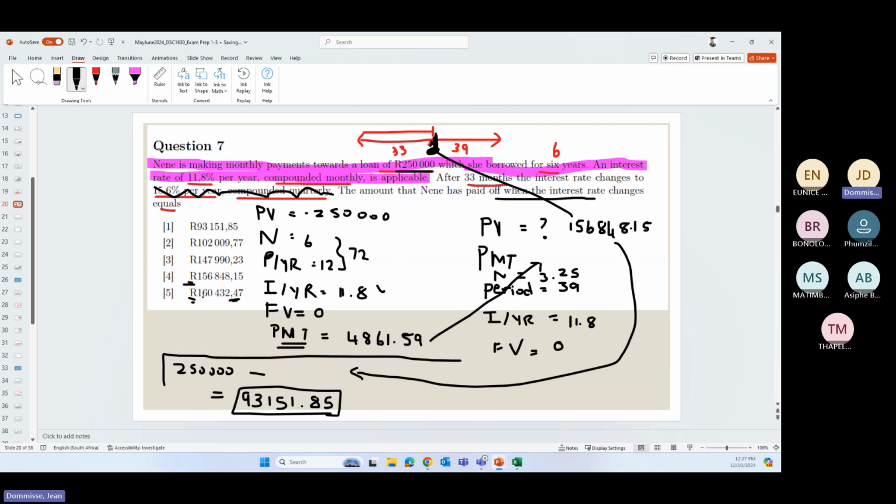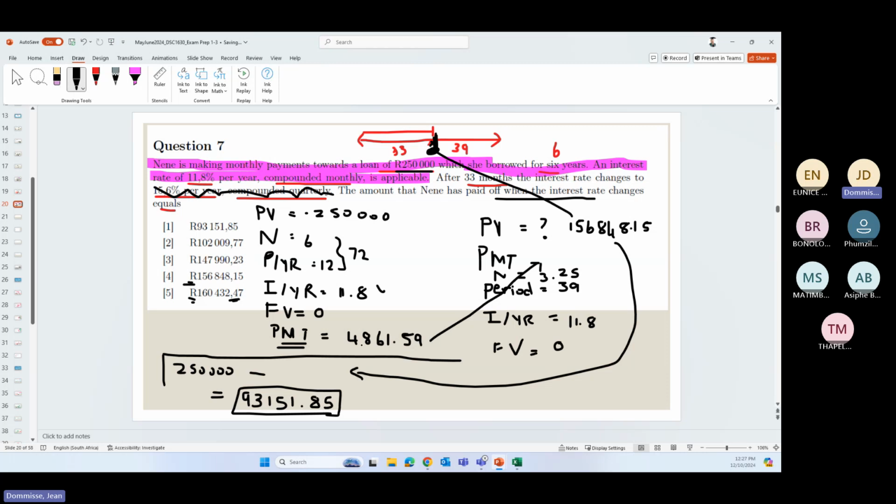That is the total component, including the interest that we have paid. So if I said 4861 times 33, that includes the interest I have paid as well. So that makes it the biggest size.